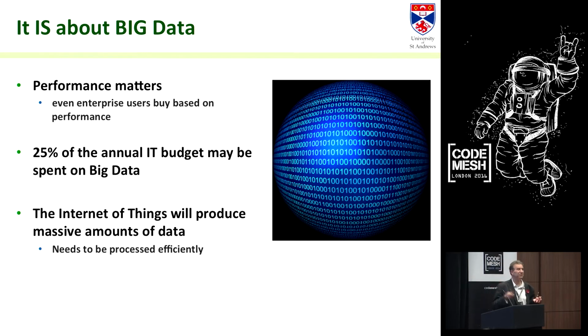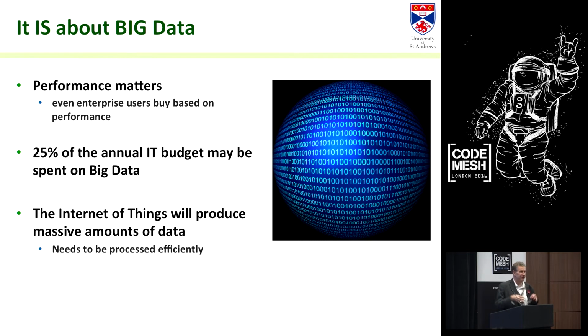If you're doing big data, buzzword, it is about big data. Performance matters here. And the Internet of Things is going to produce humongous amounts of data which have to be processed very, very efficiently. How are you going to do that if you don't have big iron to do it? You cannot decompose all of the data and stripe it out along a lot of tiny cloud devices.